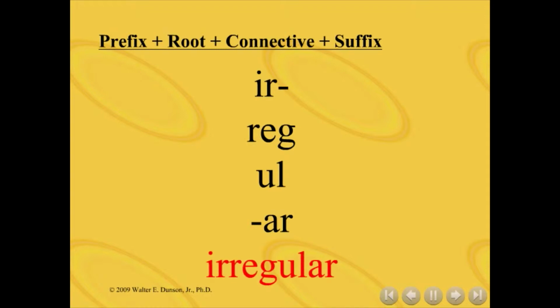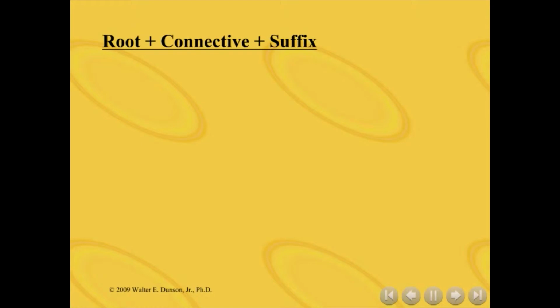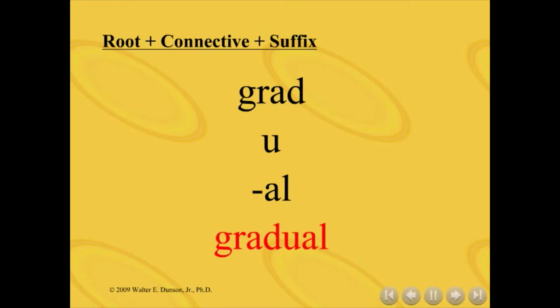We combine them, we get irregular, which means that which is not straight. An example of root, connective, plus a suffix: we have the Latinate root grad, which means to step, our connective u, and all, which means characterized by. We combine them and we get gradual, which means characterized by a step.